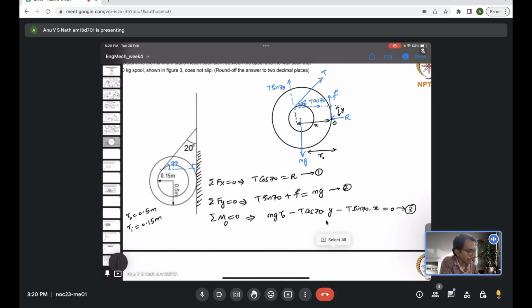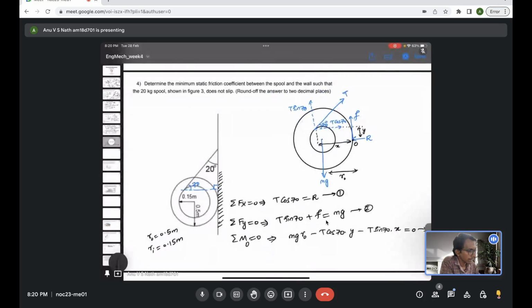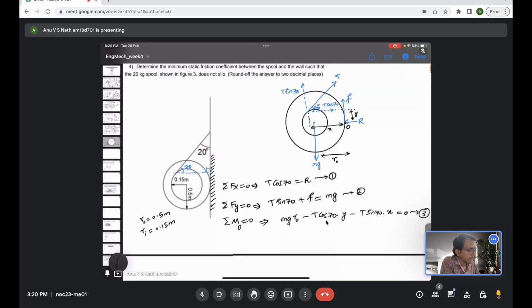Then use T and R to evaluate, okay, what is asked to evaluate? We are asked to evaluate the friction coefficient. If we know R and T, then we can come back to equation 2 and evaluate the friction force F, and the ratio of friction force to the normal reaction should give the critical value of this friction coefficient, so that this pole will not slip. So that we will do.